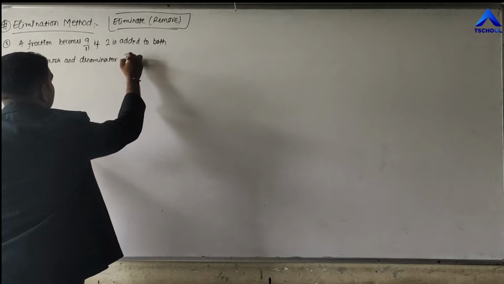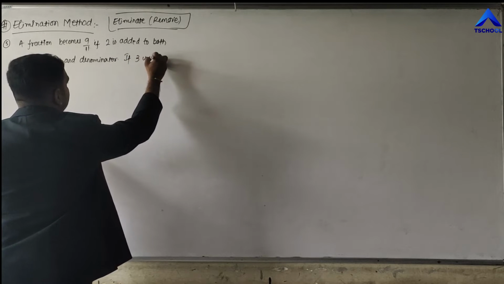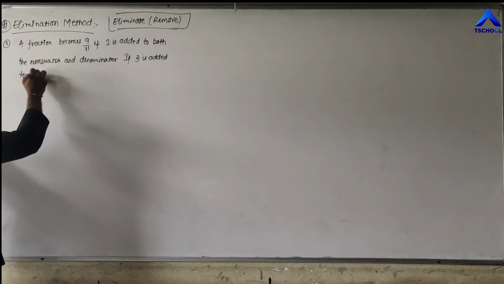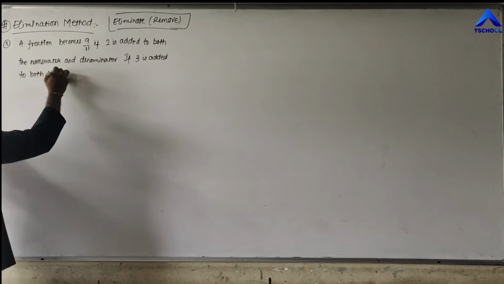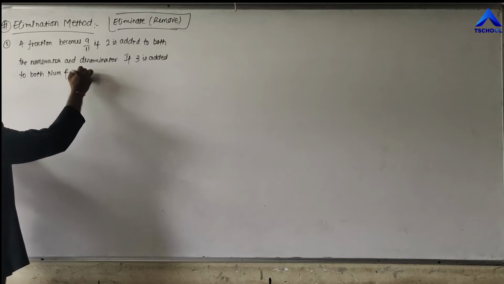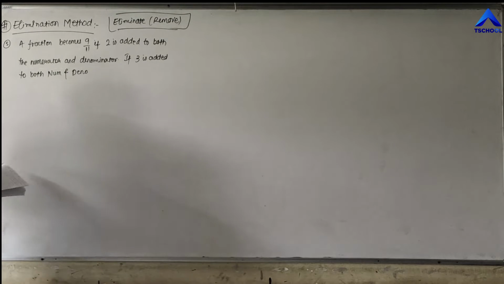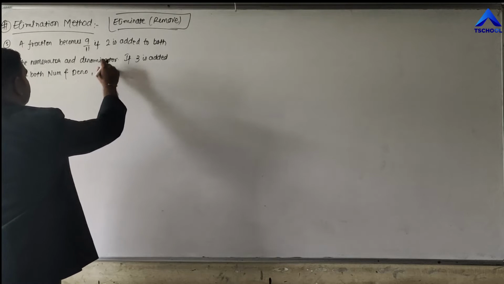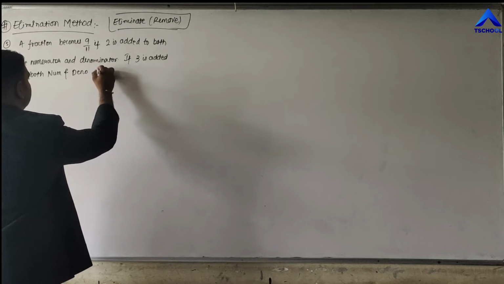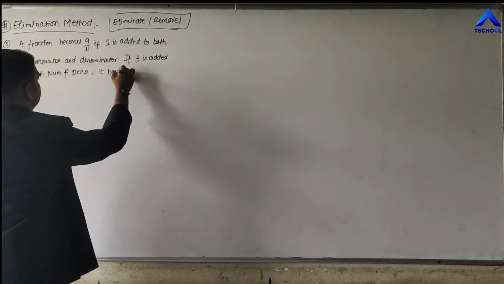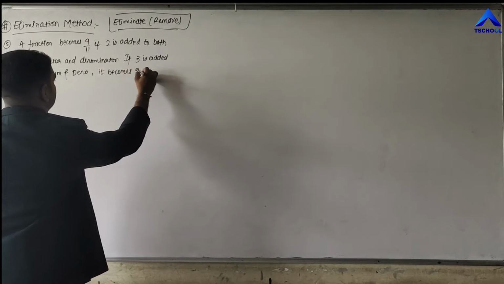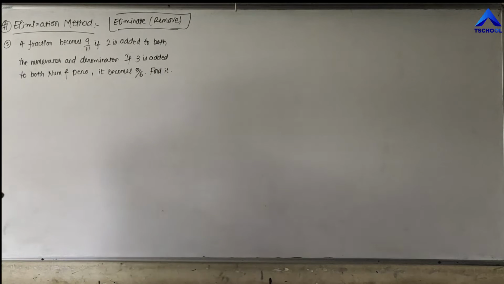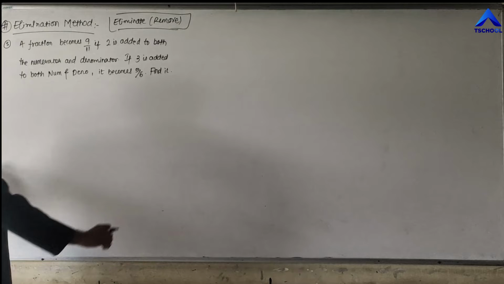If 3 is added to both numerator and denominator, it becomes 5/6. Find the fraction.